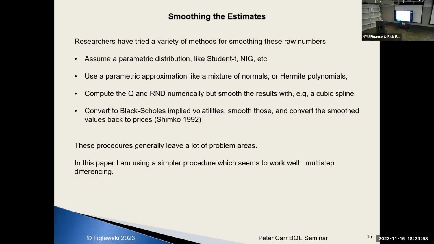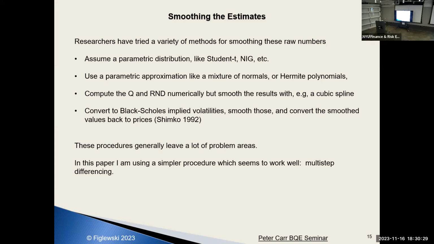So people try to smooth these estimates. There's a lot of different ways people have tried. The simplest way is to assume a parametric distribution. You know, I'm going to stuff everything in as a Student t or a normal inverse Gaussian or some other kind of distribution. Obviously, if you do that, then you're basically telling the market that I don't want to hear anything that isn't this distribution, which is obviously ruling out a lot of things you might not like to rule out.